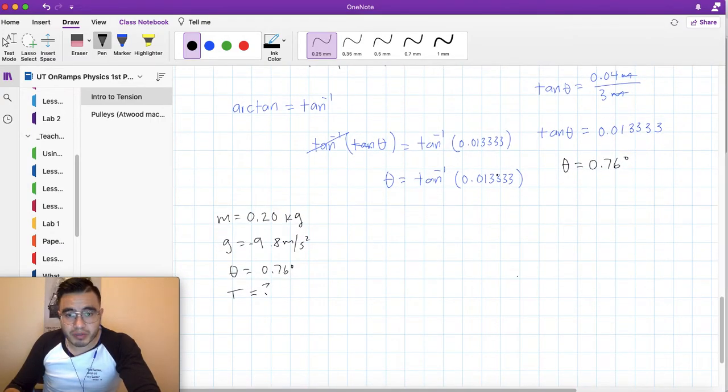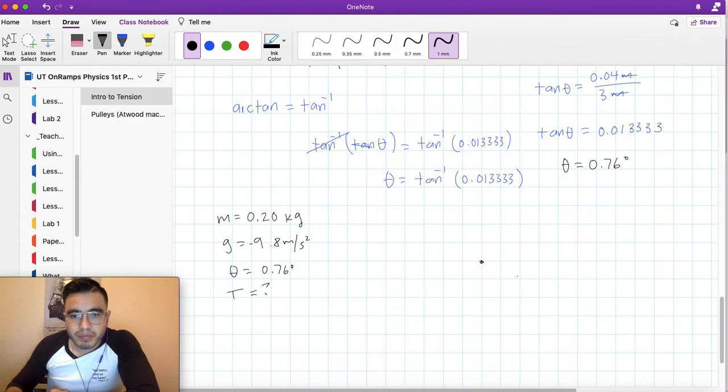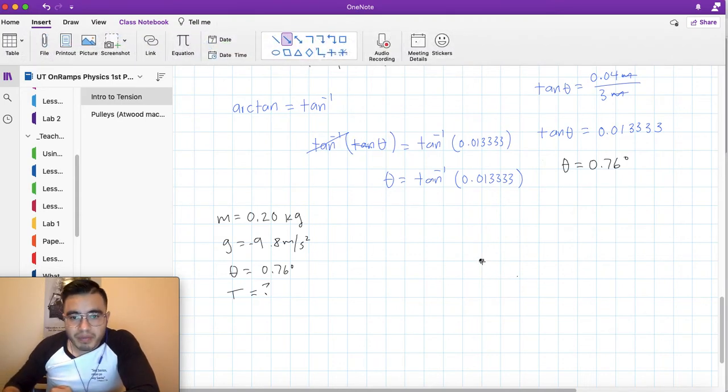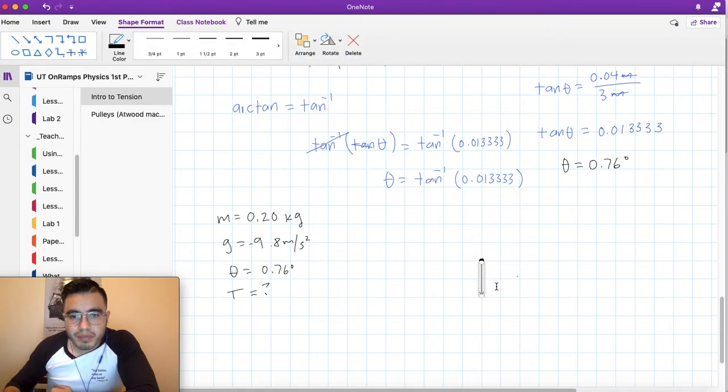We're going to use symmetry. So our center of mass, as usual, we have the weight of the cleats. There you go.